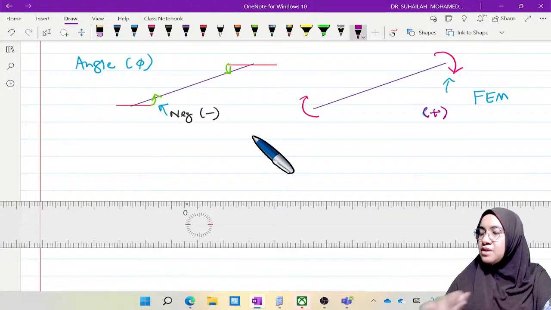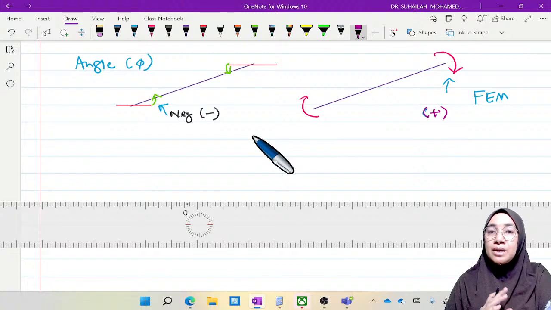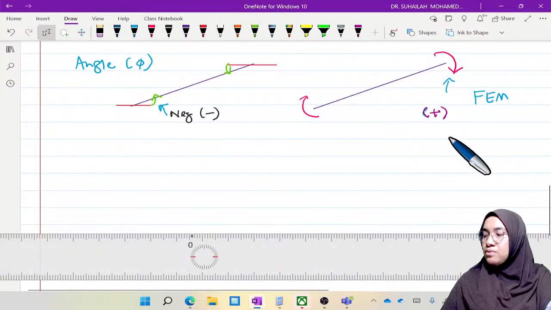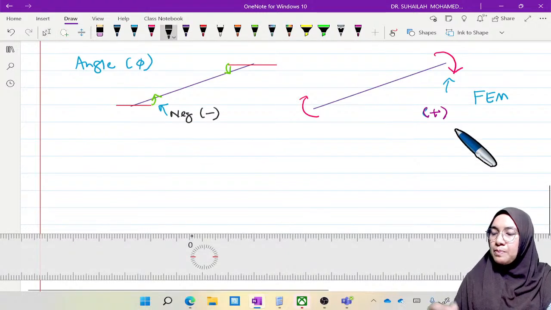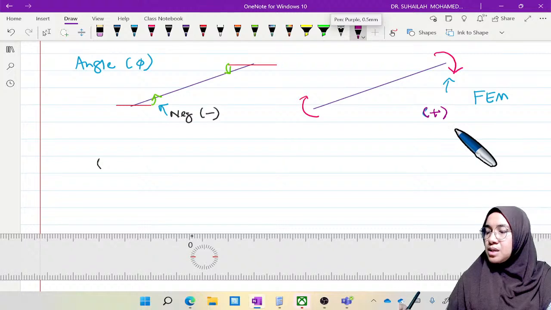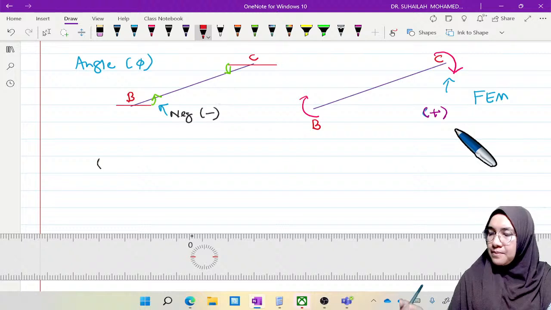Okay, positive FEM. When we want to calculate FEM due to delta for member BC, we have to apply the formula. This is for BC, so let's label B and C. This is member BC.